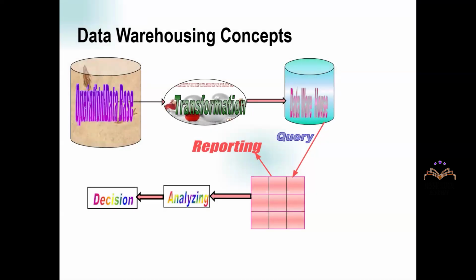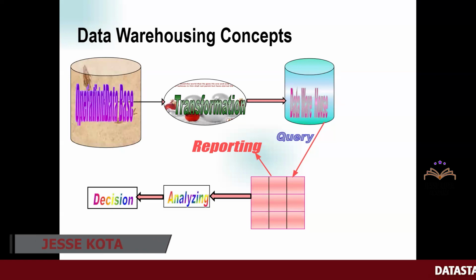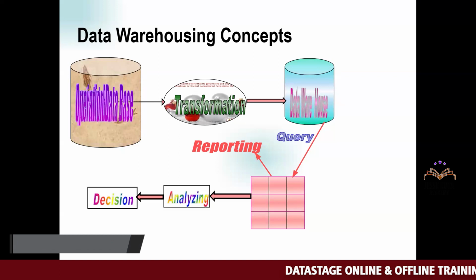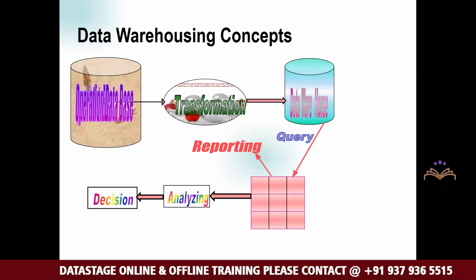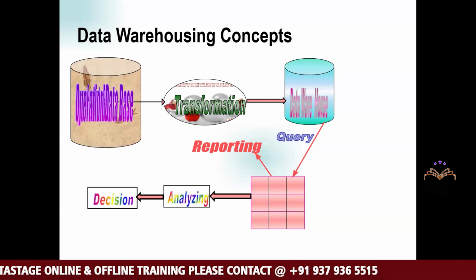So this is the flow of the methodology for how the data will flow from the OLTP system to the OLAP system. The OLTP system is where the transactions happen.